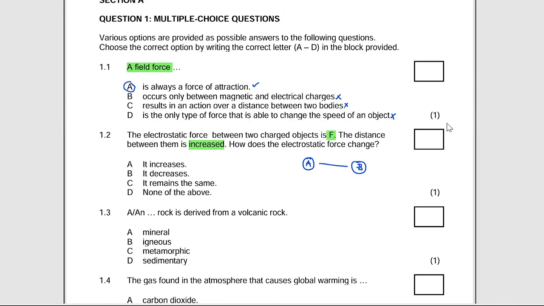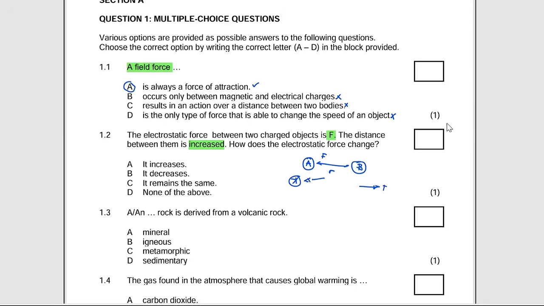We're told the force between these two is called F. Then they say the distance between them is increased, which is more like the radius from this one to this one. So A and B become further apart.